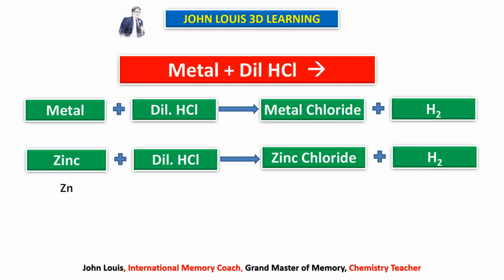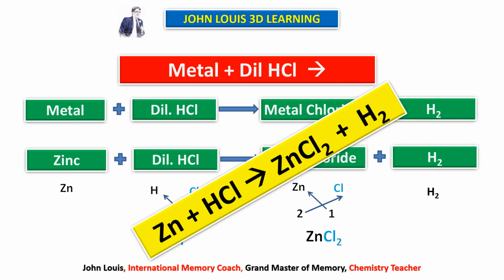Zinc is Zn, the element symbol. Hydrochloric acid is HCl, valency 1 and 1. Zinc chloride: Zn valency 2, Cl valency 1. If you interchange, you will get ZnCl2. Hydrogen is H2, we know. Therefore, the final equation is Zn plus HCl gives ZnCl2 plus H2.